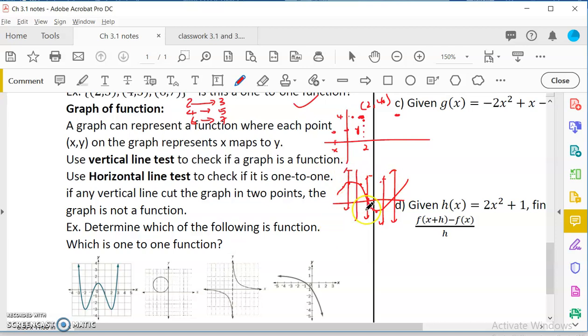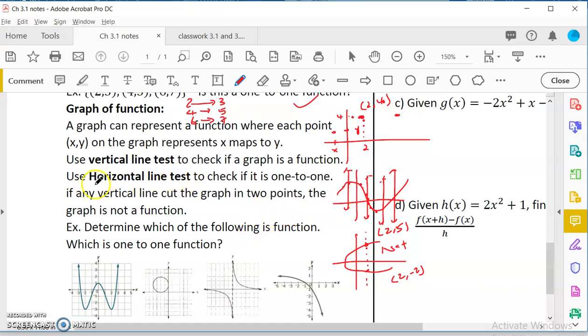If you cut at 2 points, for example in a graph like this, it is not a function, because this vertical line cuts 2 points. The same x, say 2, would go to 5 and to -2, so 2 maps to 5 and -2, which is not a function. So for the vertical line test, check that every vertical line cuts the graph at one point.